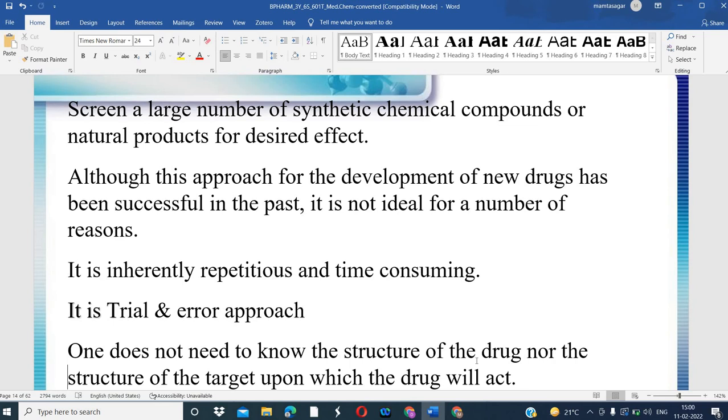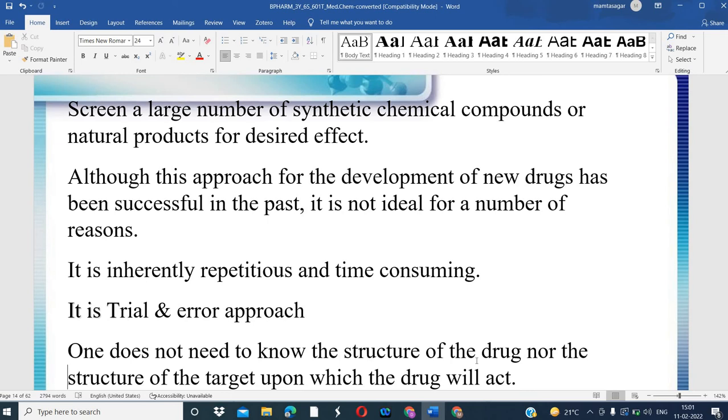So it is an inherently repetitious and time-consuming task. It is a trial and error approach, but we can use the computer for it. One doesn't need to know the structure of the drug or the structure of the target upon which the drug will act. But in drug designing we need that, if you want to do it in the computer.